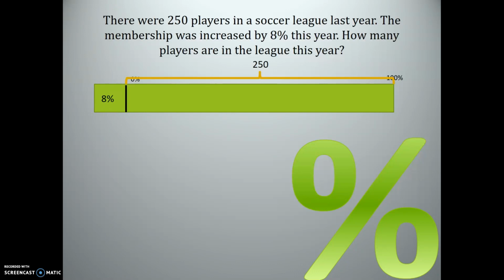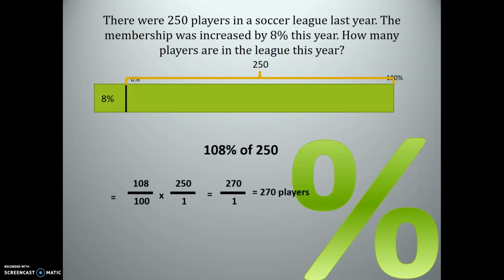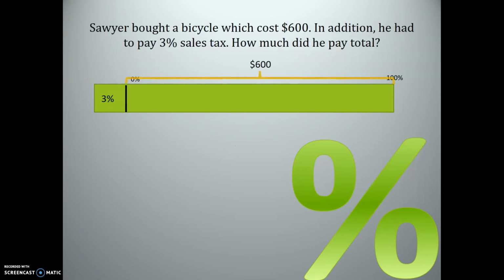We're looking for 108% of 250. So let's figure that out. We set that up the same way as any other percentage, 108 over 100 times 250 over 1. And we're going to end up with 270 players. Okay.